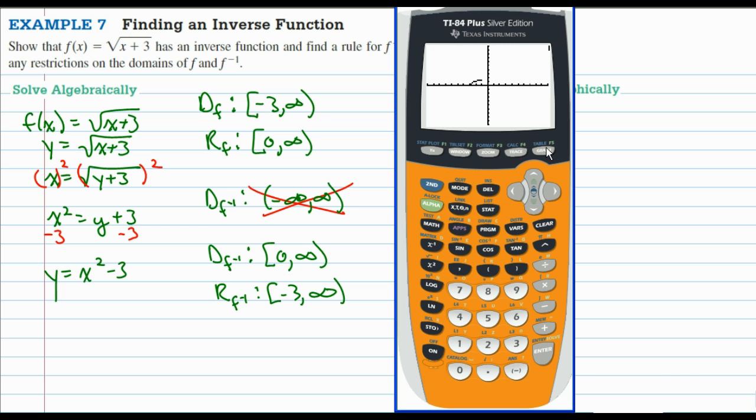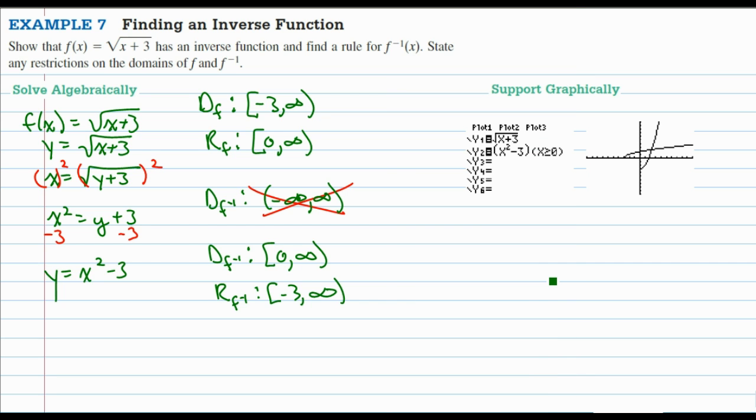Now let's graph and see how that looks. There's the original, there's the inverse function. So now I've verified graphically not only that the function I came up with for the inverse is correct, but also that the domain of that inverse is correct, to make sure that the original function and its inverse are just a reflection across the line y equals x.